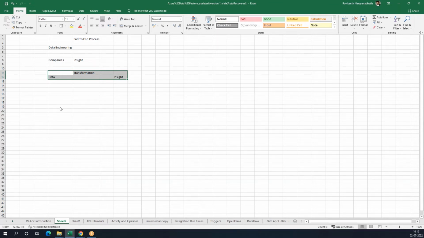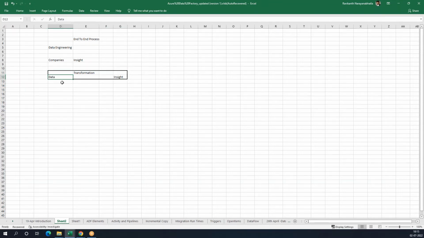You need to understand that my role is to convert the raw data, which is generated by huge systems, into a good business insight. That is what a data engineer does. I'm giving you a very real world example, and that is what we do, at least whoever is already working on it.